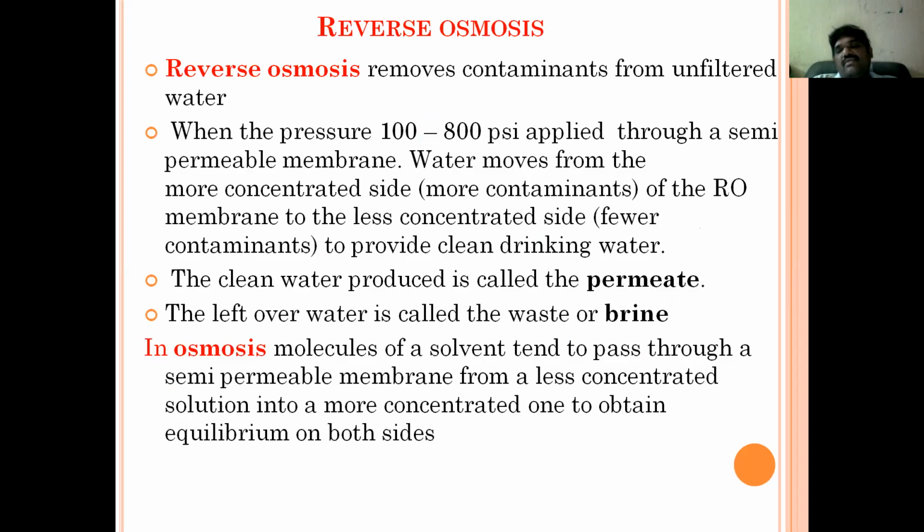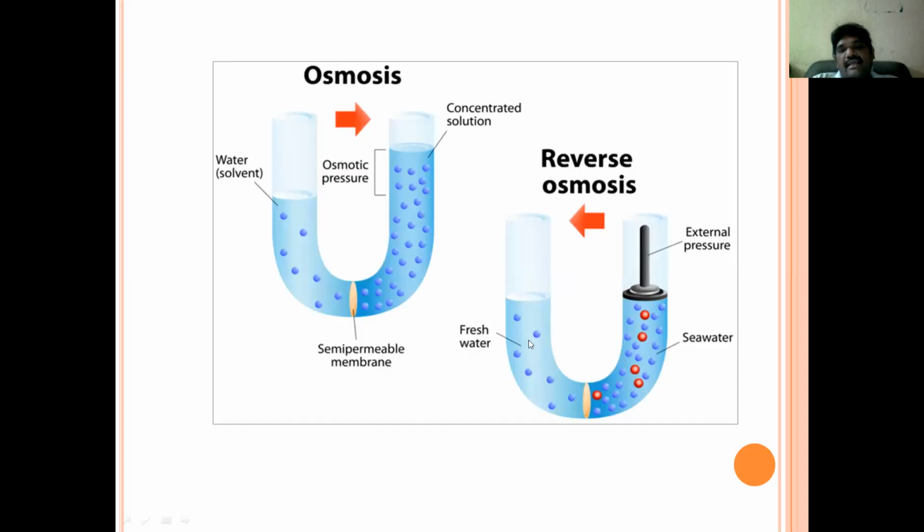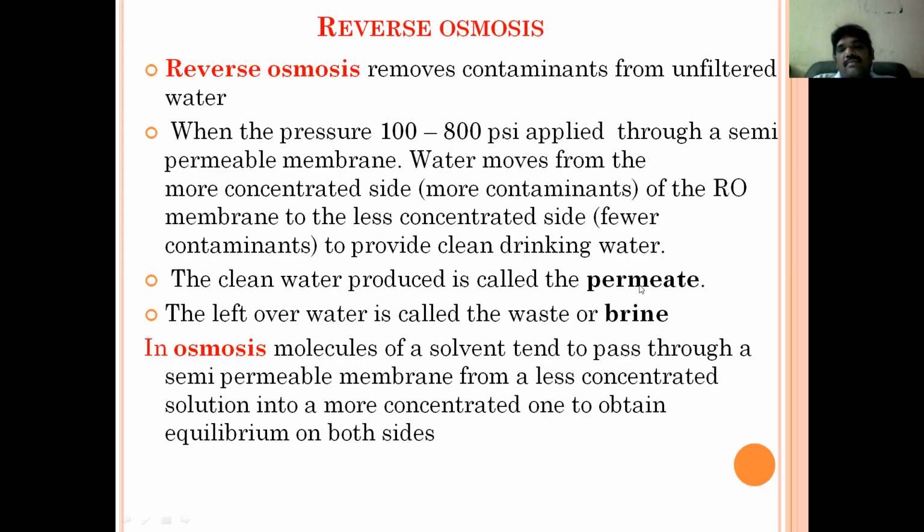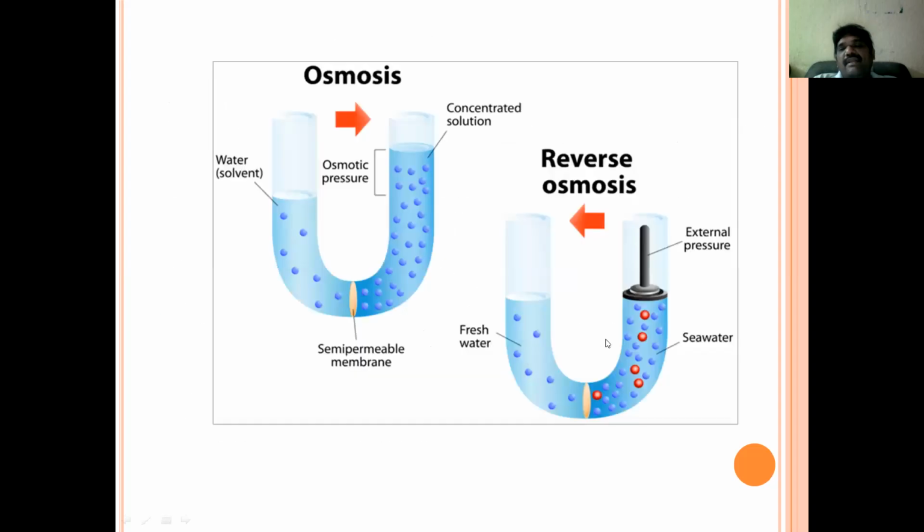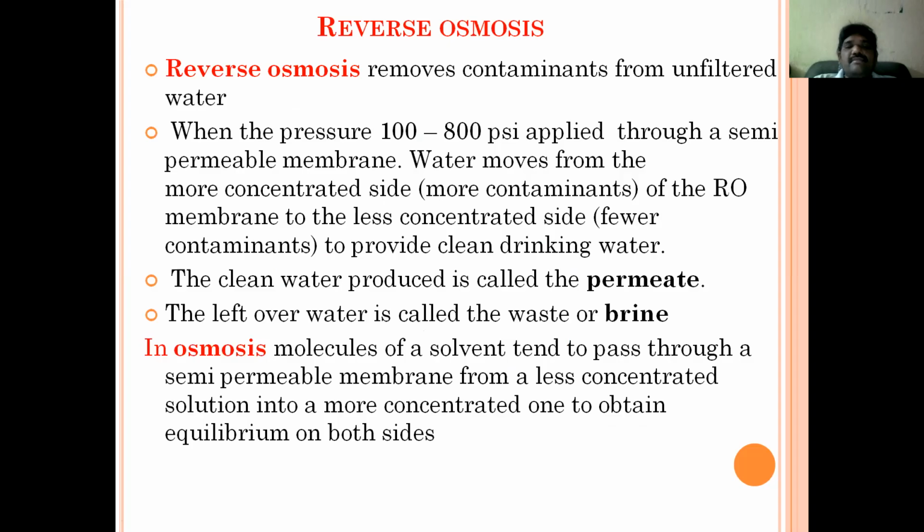That's what the slide is telling us. The clean water produced is called permeate, and the leftover water is called the waste or brine. Brine. Understand? Permeate and brine.